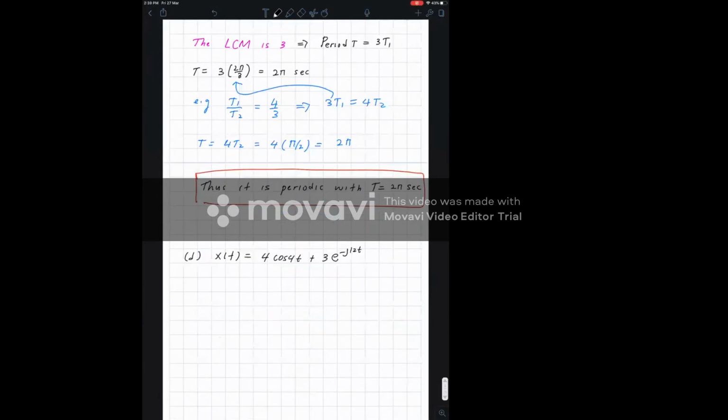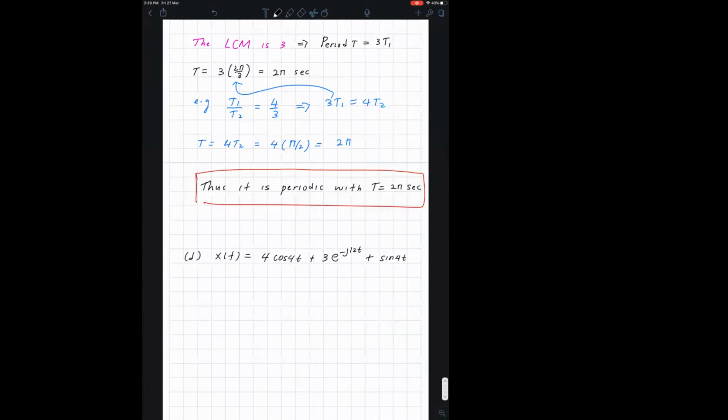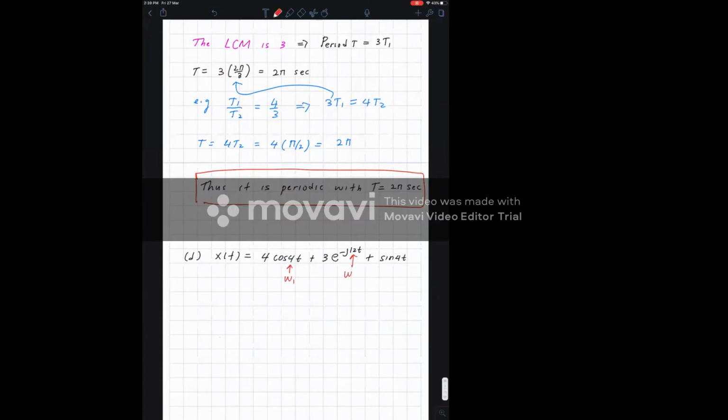Again we have 3 different frequencies. Whichever number that's multiplied to t is the frequency: frequency 1, frequency 2, frequency 3.